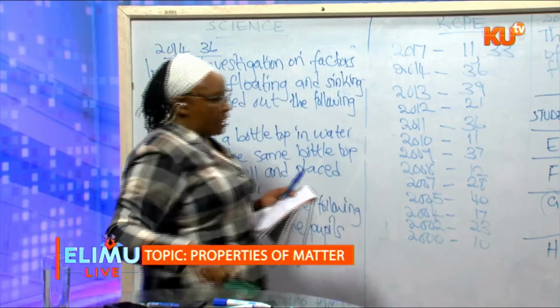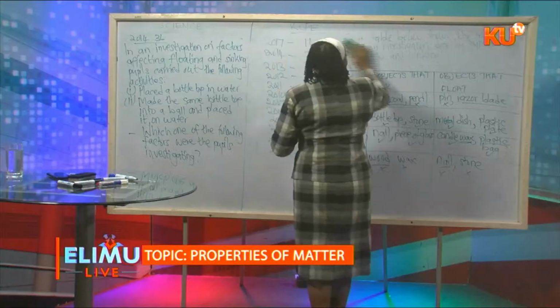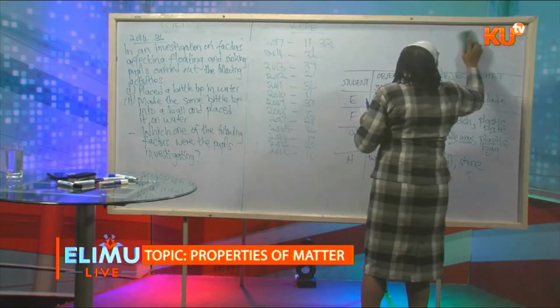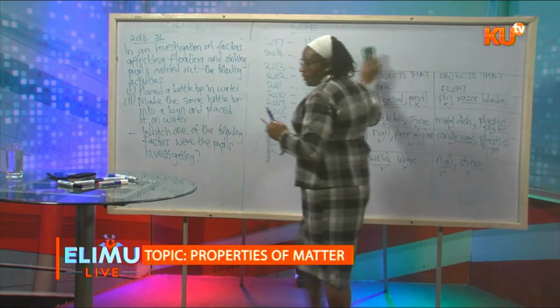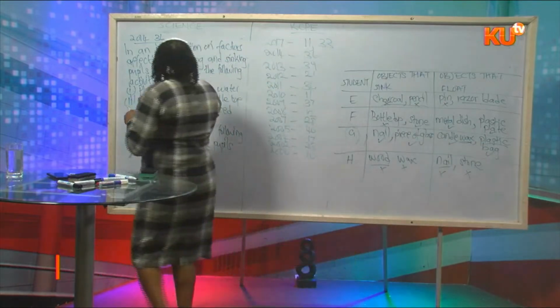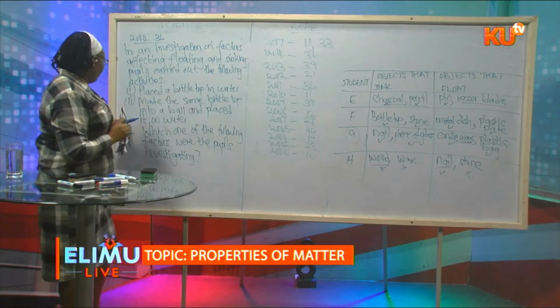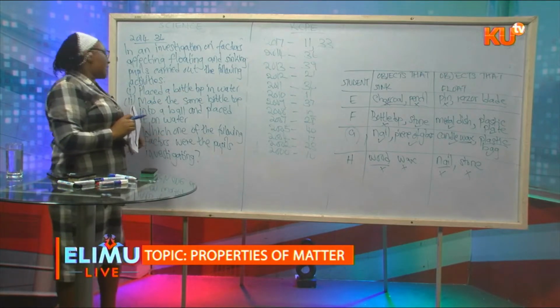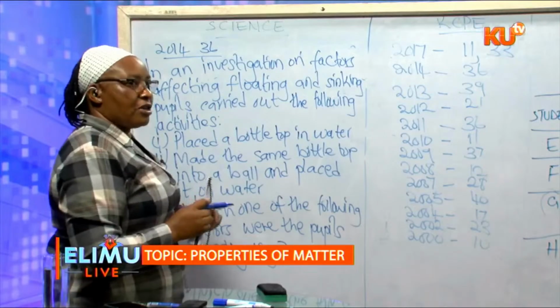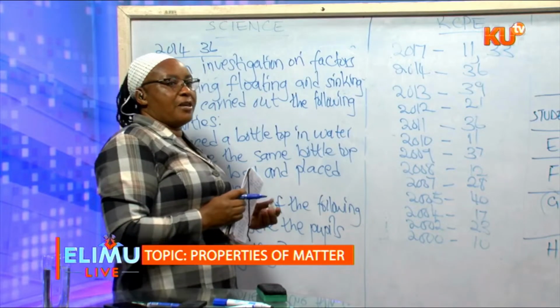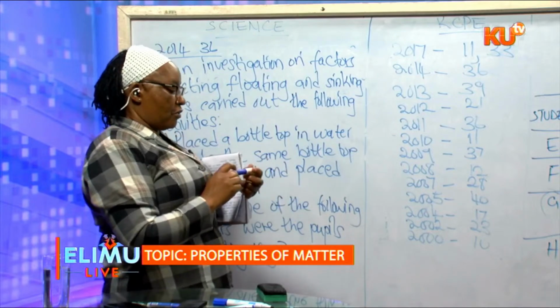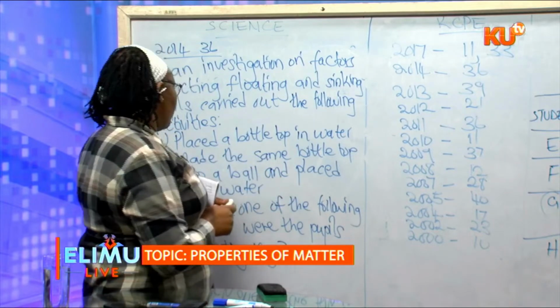Now there are choices given, but even before we move to the choices, they placed a bottle top in water. That is an activity that they did. Now, of course, you should ask yourself what happened when they placed this bottle top on water. Remember the shape of the bottle top.